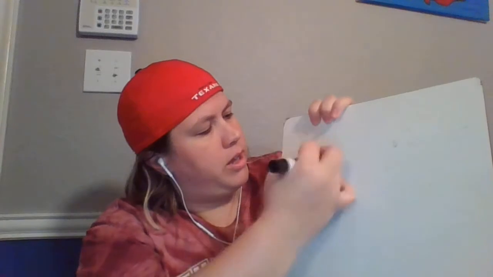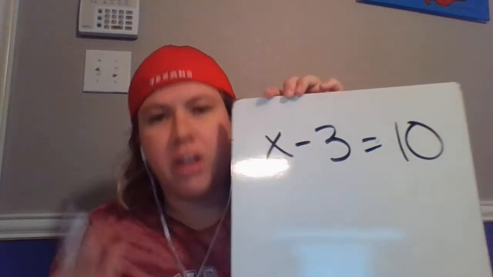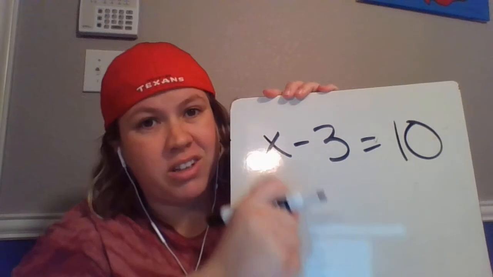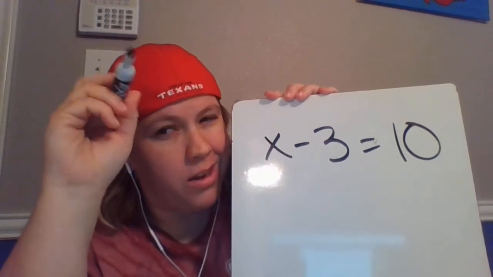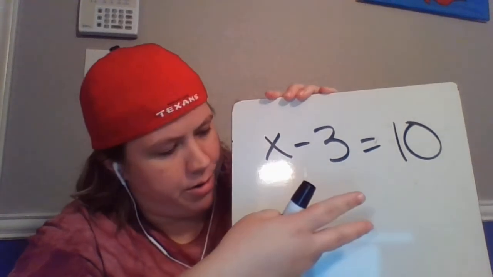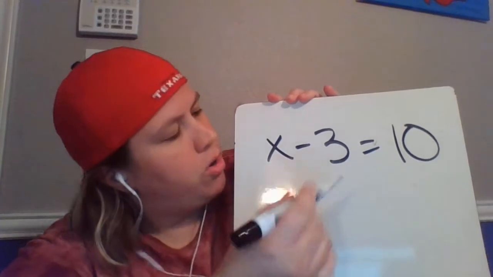So if you remember when we do our one steps, like x minus 3 equals 10, you're sitting there going, duh, Ms. Wagner, it's 13. Okay, good. We're going to do the process though, but I like that you're doing that math in your head. But I like to put my thinking down on paper, or whiteboard here, so I can see it.